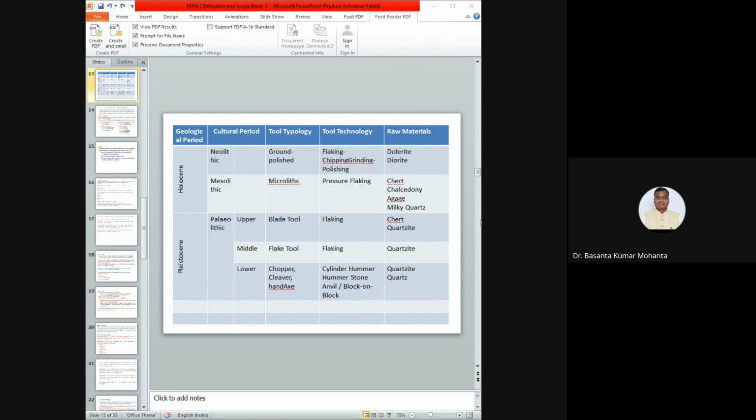So that helps us reconstruct the past environmental condition, because the types of animals or plants we had during our prehistoric time help us know the environmental condition of that particular time.